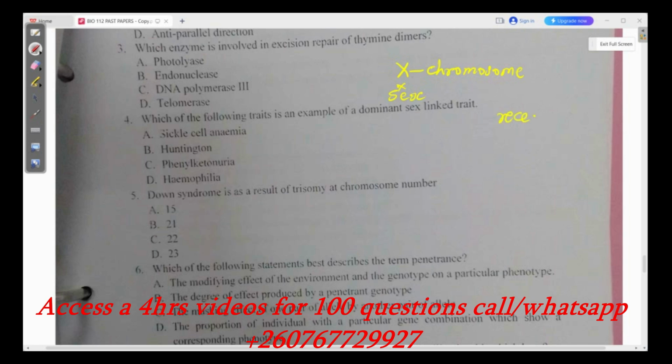We have a few which are inherited as a dominant trait. An example is Fragile X syndrome. Fragile X syndrome is inherited as a dominant sex-linked disorder. So which one of the following is an example of a trait which is inherited as a dominant linked trait? So A, we have sickle cell anemia. So sickle cell anemia is an example of autosomal recessive. So it's inherited as autosomal recessive.